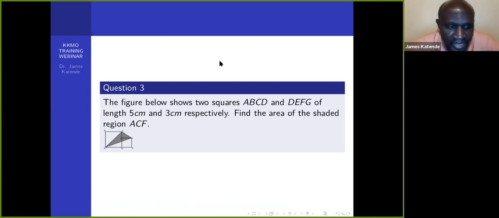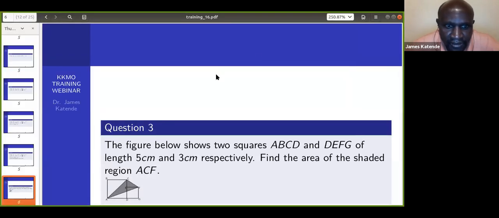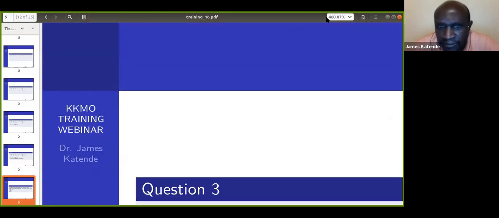So maybe I can change this so that we are able to see the diagram better. I'll put it back into slide at some point. Let me change this magnification to 400.